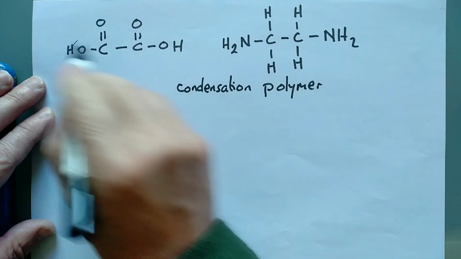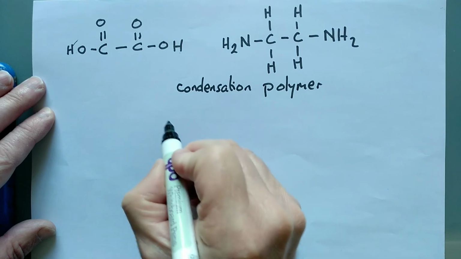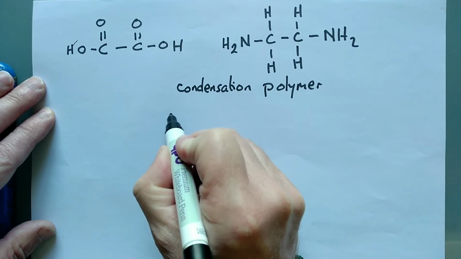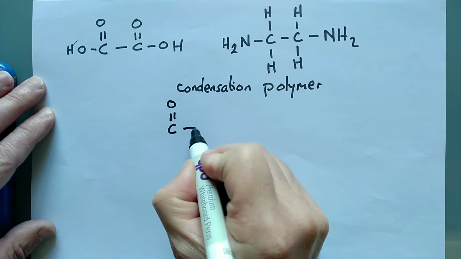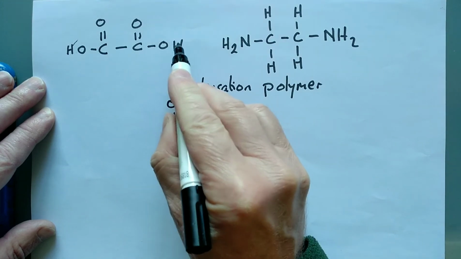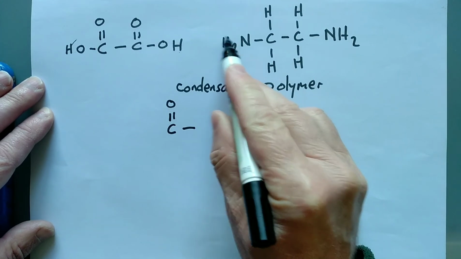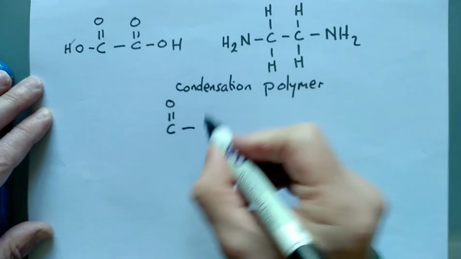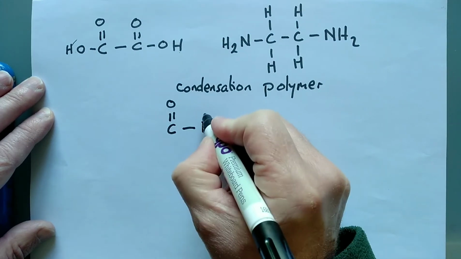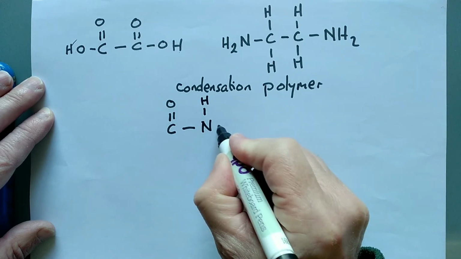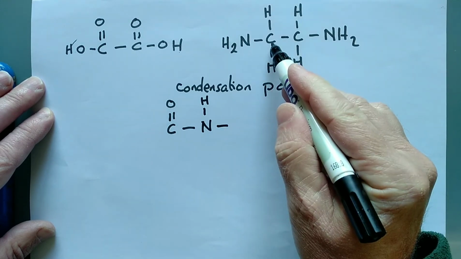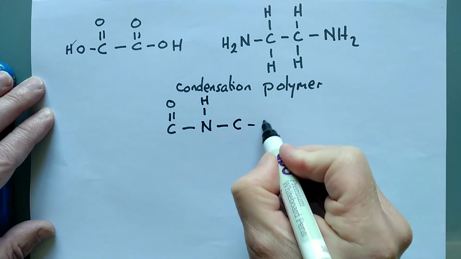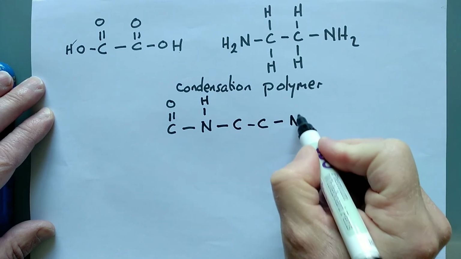I'm going to leave this end and this end as they are. So if this removes this OH and one of these two H's, this carbon will be attached directly to that nitrogen there, which will still have an H on it. And you will end up with still these two carbons and your amine group at this end.